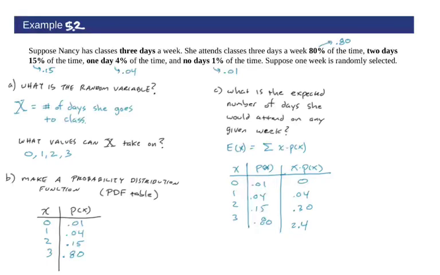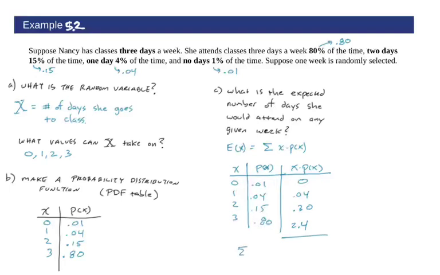And so here we're multiplying 0 times 0.01, which is going to be 0. 1 times 0.04, which is 0.04. 2 times 0.15, which is 0.30. And then 3 times 0.80, which is going to give us 2.4.